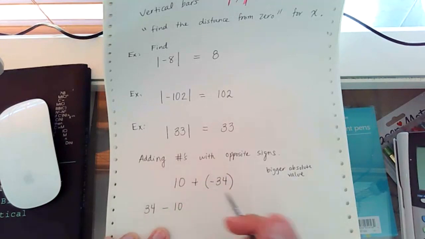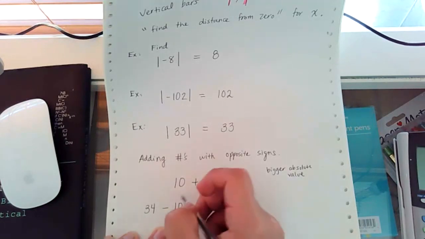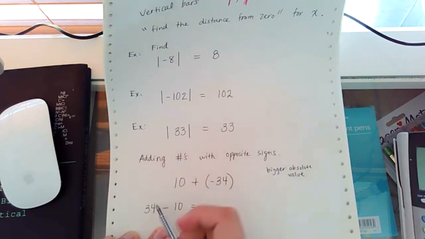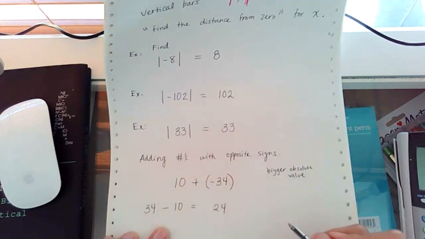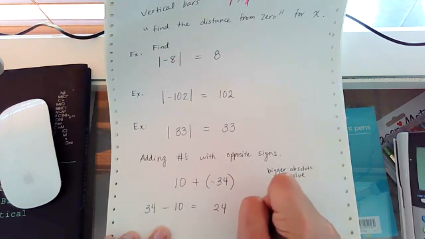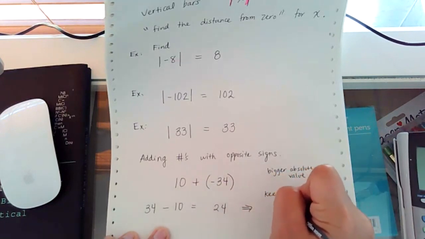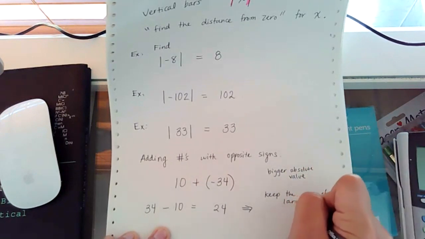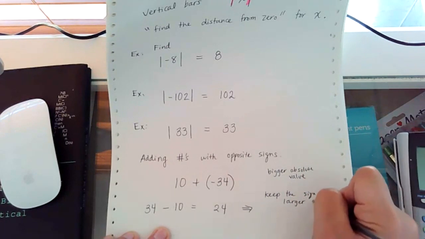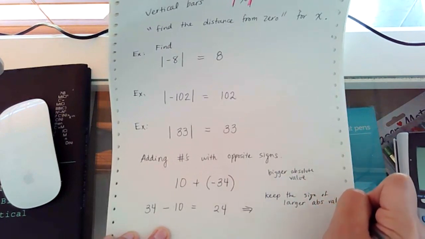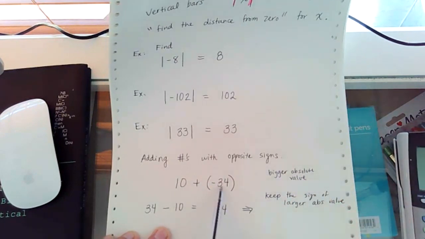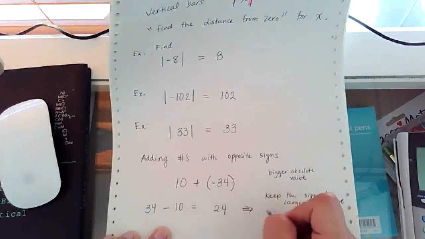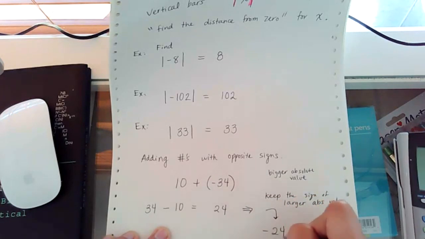So we're subtracting their absolute values. And we should get 24. But then we have to keep the sign of the larger absolute value. And the sign of the larger one was this negative. This negative number had a bigger absolute value. So really our answer here should be -24.